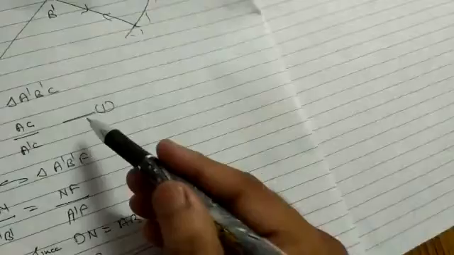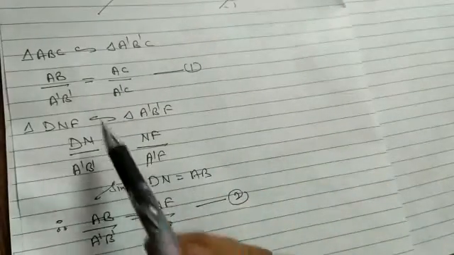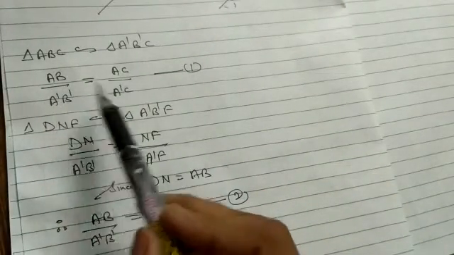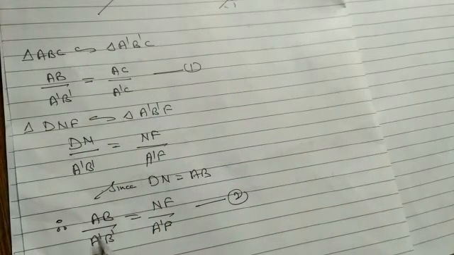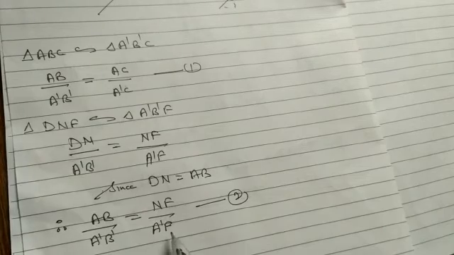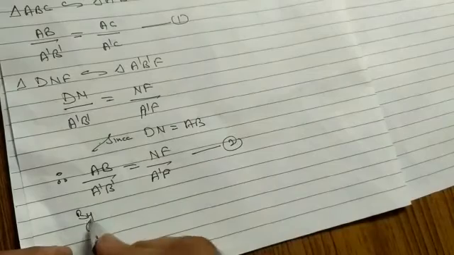Comparing the first and second, the first equation is AB upon A dash B dash equals AC upon A dash C, and the second is AB upon A dash B dash equals NF upon A dash F.